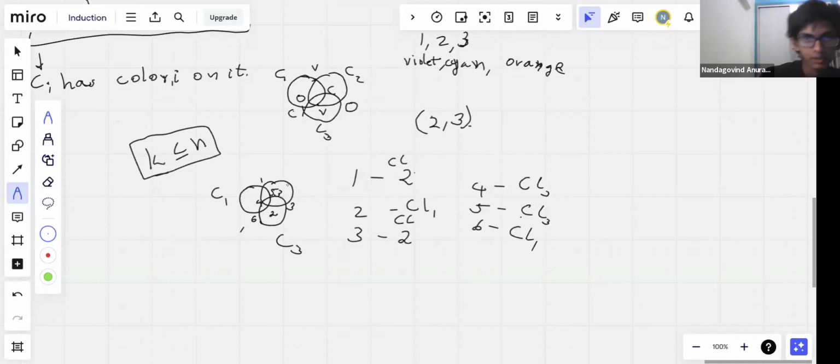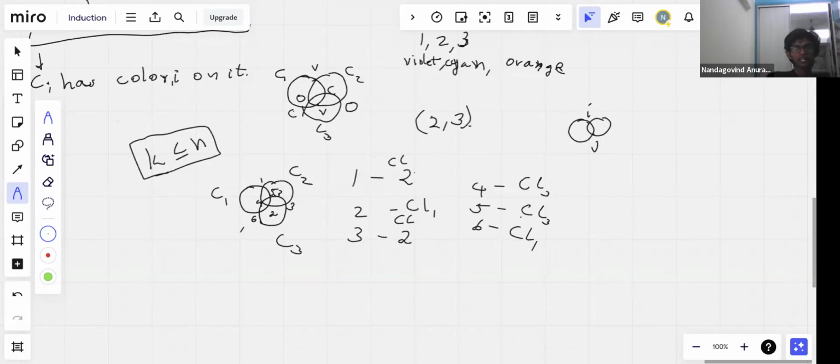The intersection between circle 1 and circle 2: 1 is colored with color 2, and 2 is colored with color 1. The intersection between circle 2 and circle 3 are colored with color 2 and color 3. More generally, for the intersection between circle I and circle J, one intersection point is color I, and the other is color J. Does this make sense?